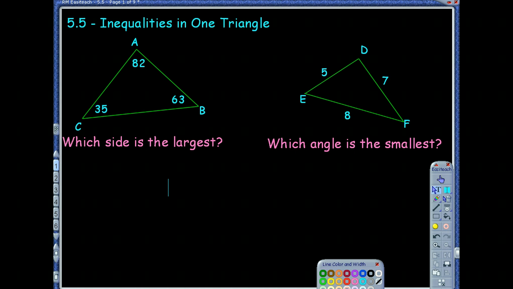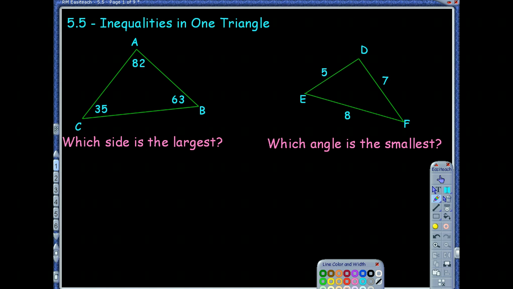Just by looking at this first triangle, what side do you think would be the largest, or the longest side? I can tell it's giving the angles.